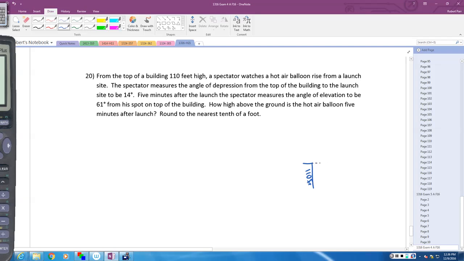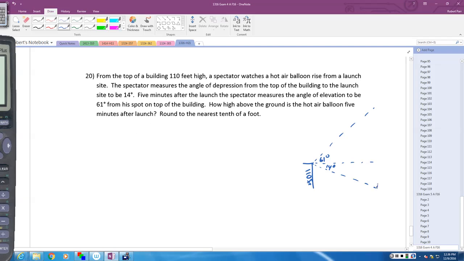So this is the horizontal, and this angle is 14 degrees. Five minutes after the launch, the spectator measures the angle of elevation to be 61 degrees. How high above the ground is the hot air balloon 5 minutes after its launch?